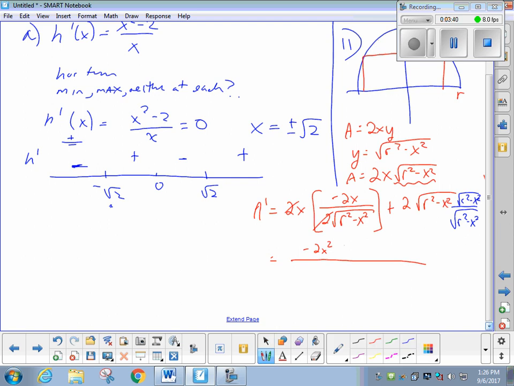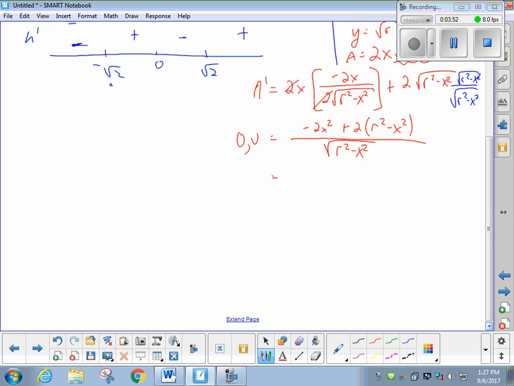Then I get 2 root r squared minus x squared over root r squared minus x squared. I want to know where this is 0 or undefined in a second once I get this cleaned up. So I have something like 2r squared minus 4x squared. That doesn't look familiar, is that right?